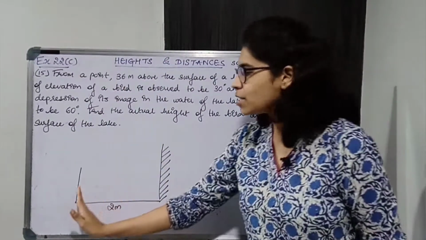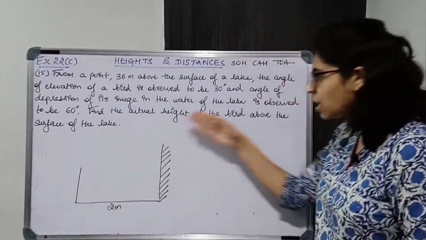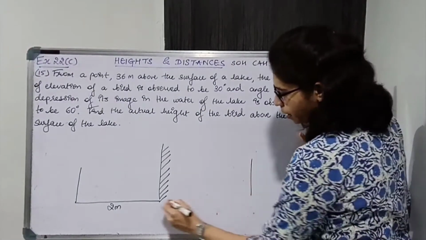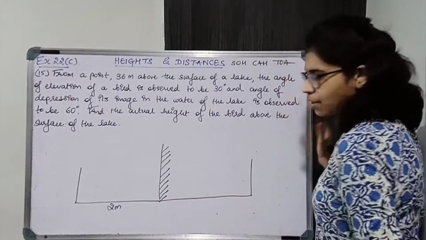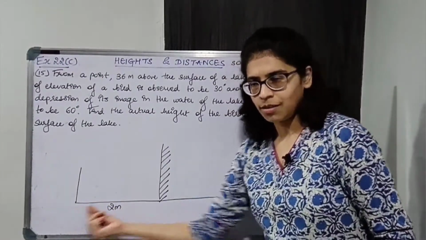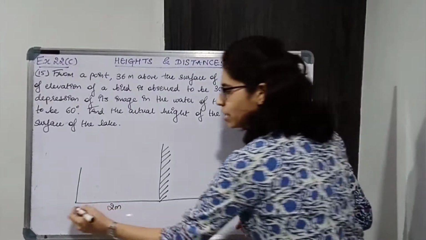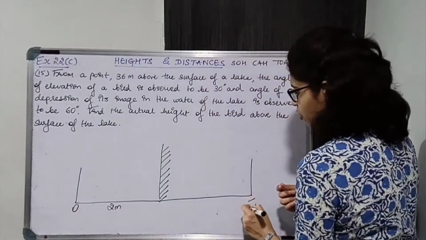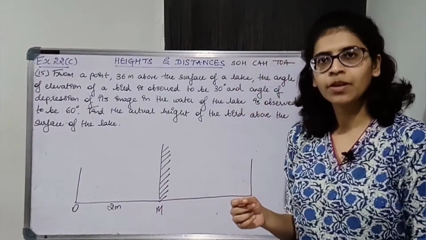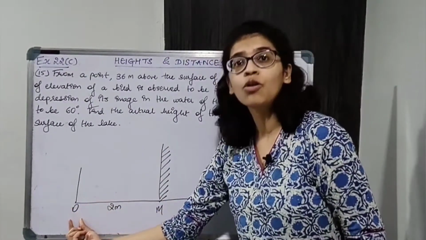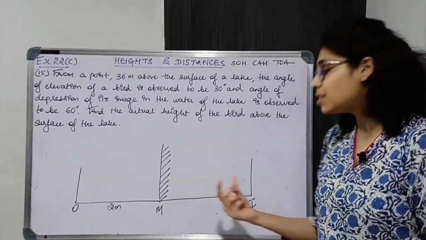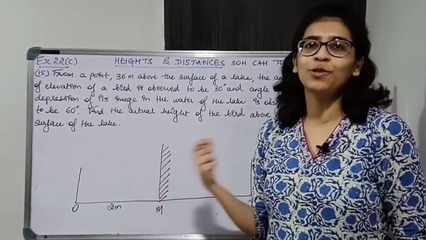So you are standing over here. The image will be formed on the other side of the mirror. So the image will be formed somewhere over here. Now you are the object and this is the image. So let's say this is the object, this is the image, and this is the mirror. Now the distance of the object from the mirror is equal to the distance of the image from the mirror.